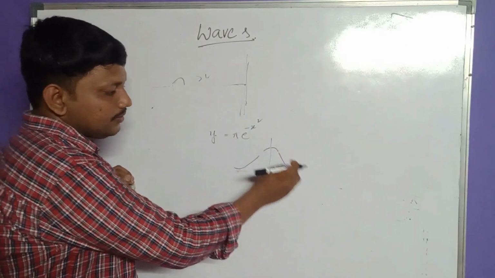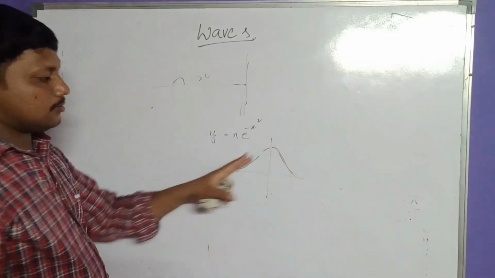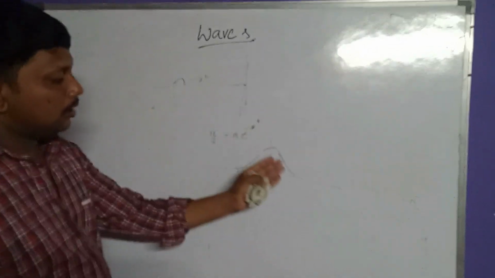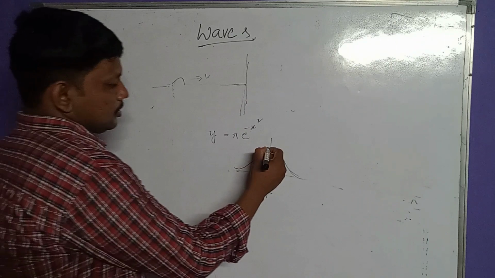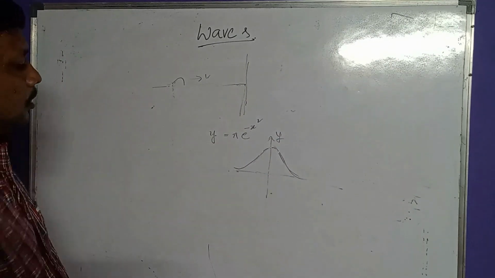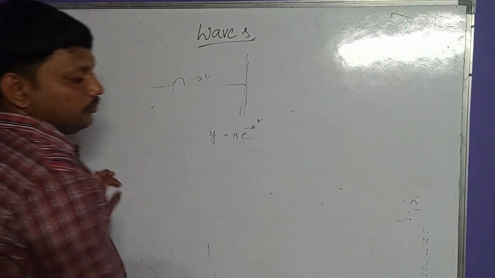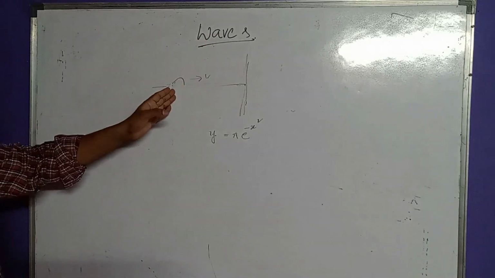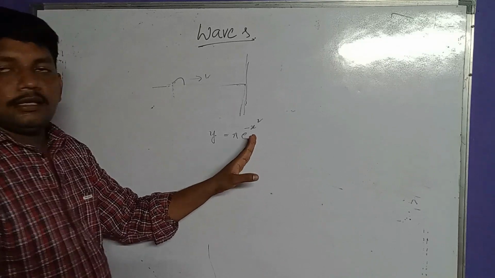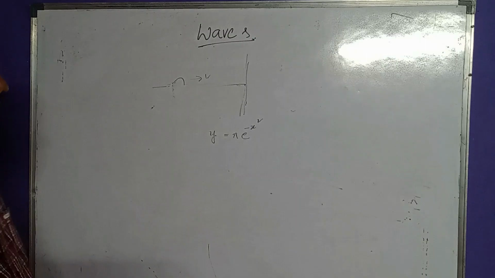This is the e function; e power minus x square gives a decreasing curve. So for calculating the traveling wave in a stretched string, this e power minus x square is useful.